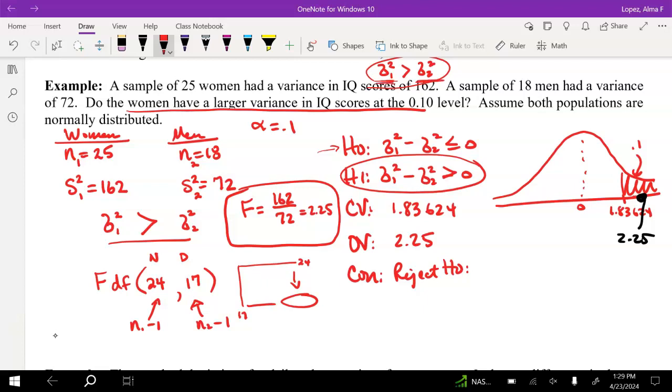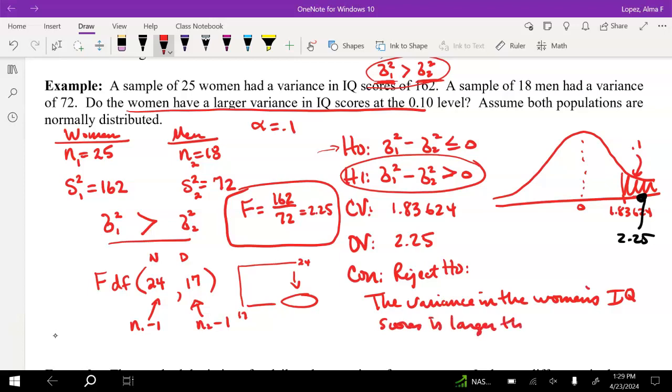The variance in the women's IQ scores is larger than the variance in the men's IQ scores.